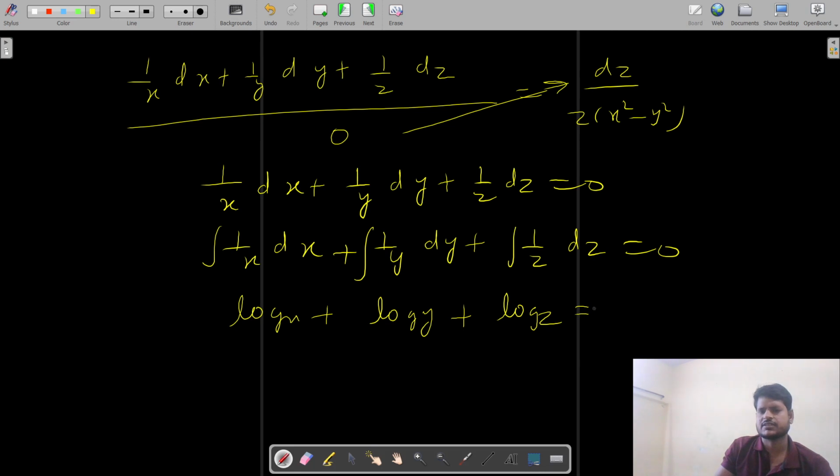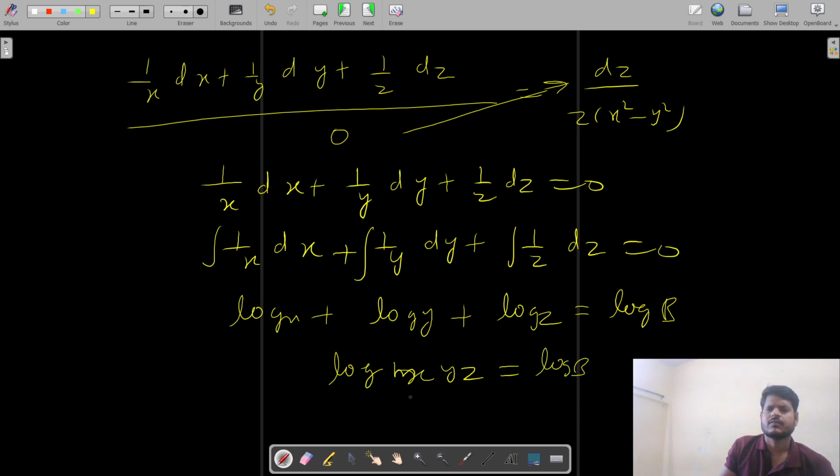And this I can consider as log capital B. So this becomes log x plus log y plus log z, that is log of x y z, equal to log B. Now taking the anti-log, so we have x y z equal to B, this is the second equation.